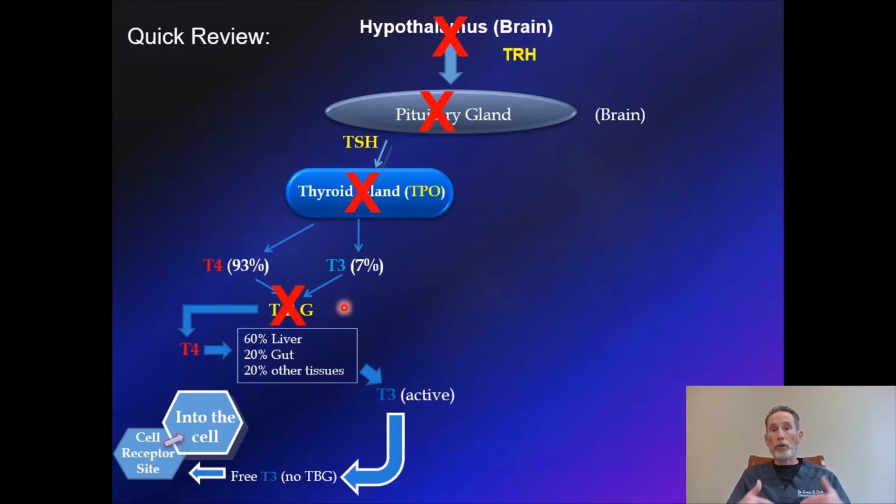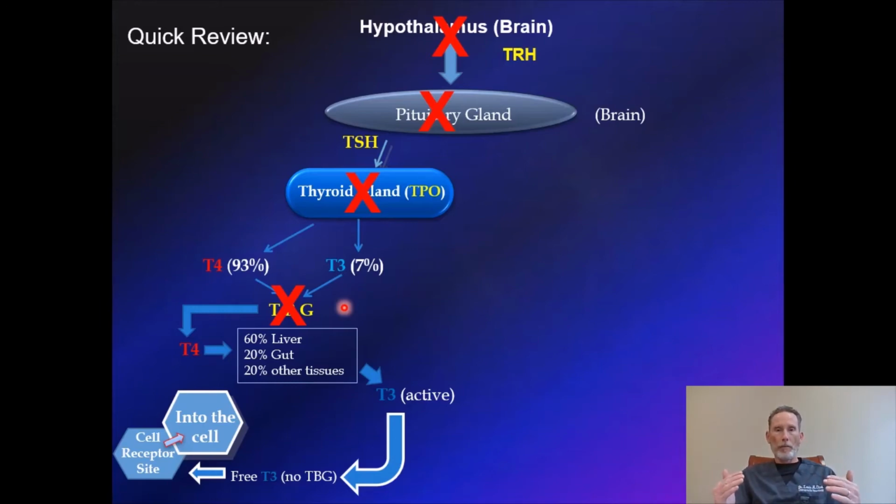You could have too much or too little thyroid binding globulin, and that must be tested by the TBG test or also by the T3 uptake test. One or both of those can tell you what's going on with your thyroid binding globulin, which is a protein that transports the thyroid hormone through the bloodstream.